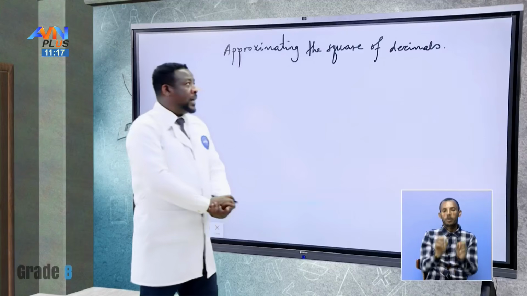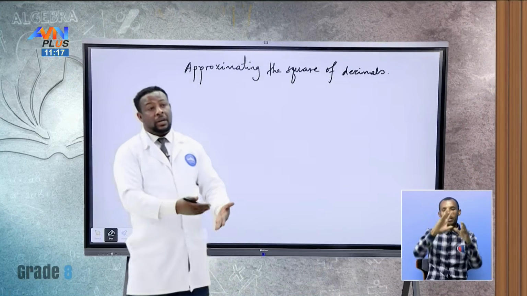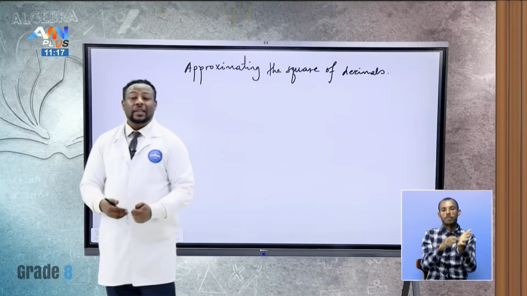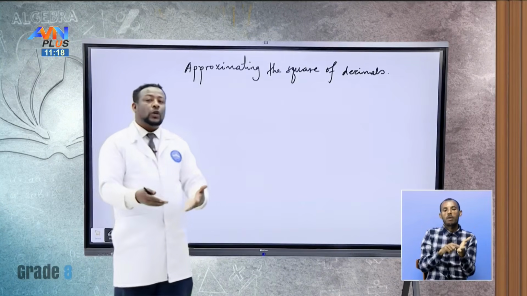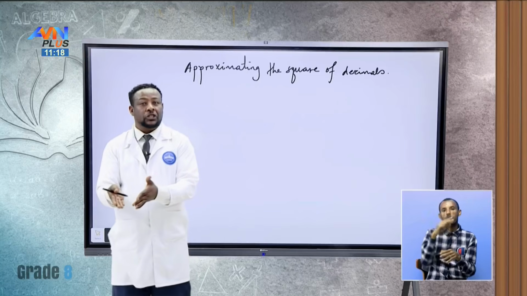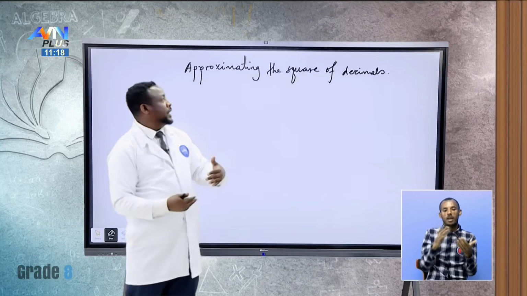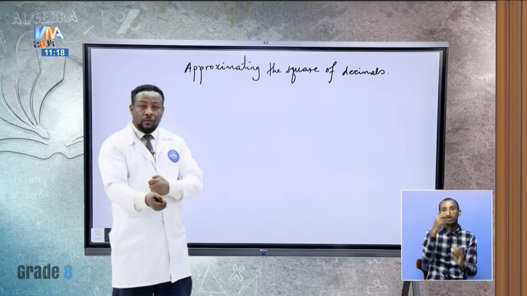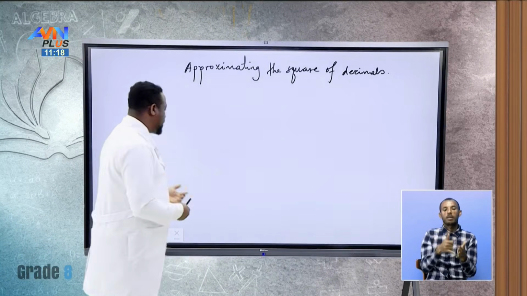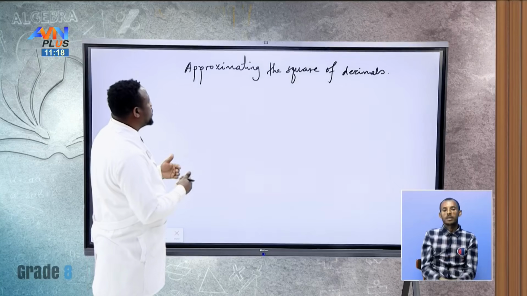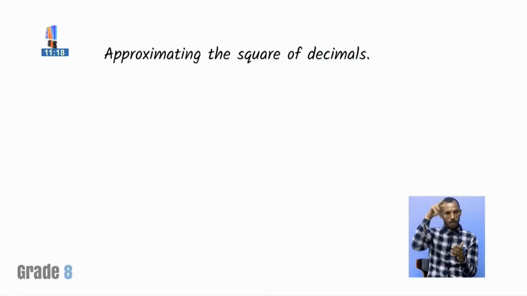In some cases, the rational number may be given in the form of a decimal. So in calculating the squared value of a decimal, we usually use approximations. To make things easier, we approximate the number using rounding off, then we can square it. So let's take some examples of approximating and squaring decimals.